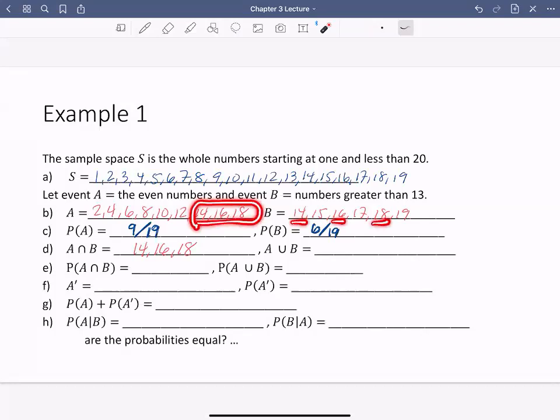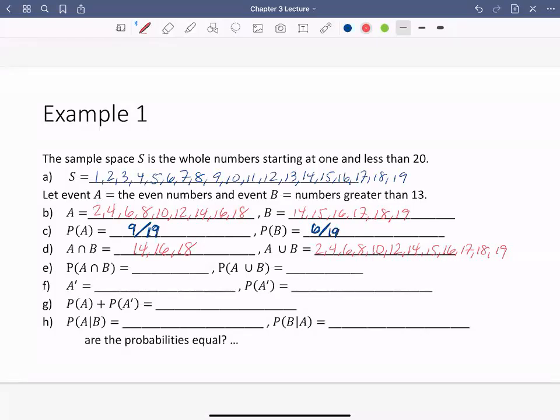So I don't write them twice. I just write them once. But I also still have 15, 17, and 19 because it happened in B. So I'm going to write 2, 4, 6, 8, 10, 12, 14. Instead of writing 16, I'm going to write 15, then 16, then 17, 18, and 19. Again, A or B. So happening in one or the other or both. It doesn't matter, but you only count it once.